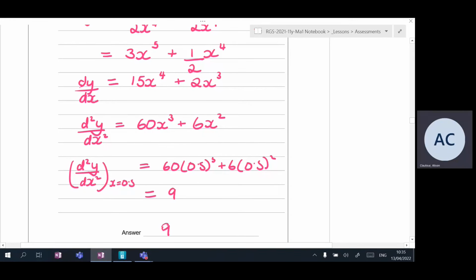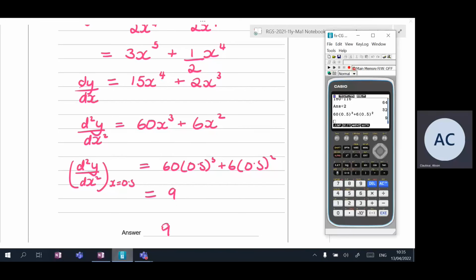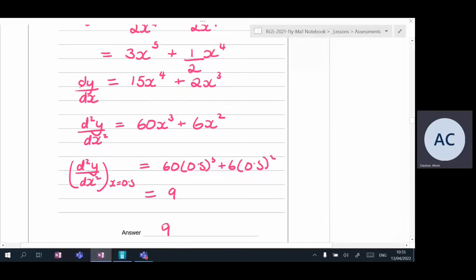Okay, remember your calculator can do numerical differentiation for you. It can't find the expression for you, it won't give you the actual derivative, but it can differentiate for you and substitute a number in. So if you go to options, calculus, you can see F3 is the second derivative. So we're just going to type in the original equation.